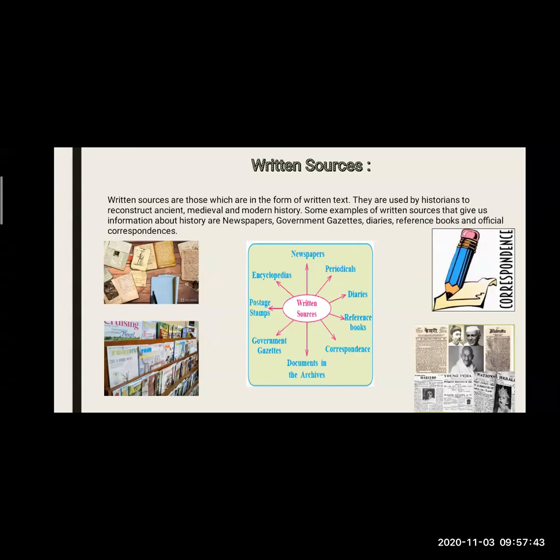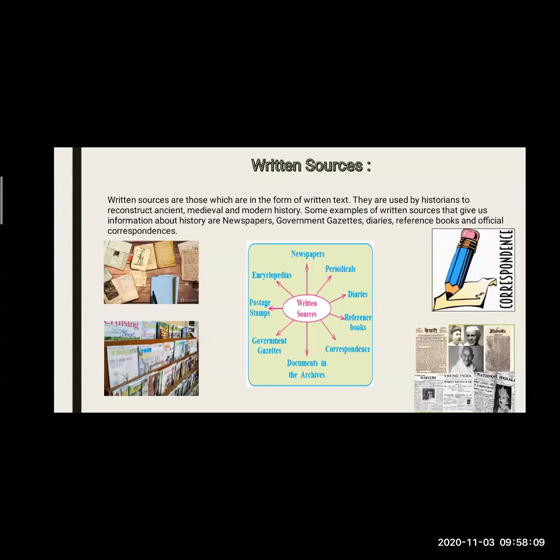Periodicals, you can say, are a kind of magazine published weekly, monthly, quarterly. Then next under written sources we have diaries, written by leaders like Mahatma Gandhi during India's independence. Then reference books, which are books of facts that we look to discover particular information about history.